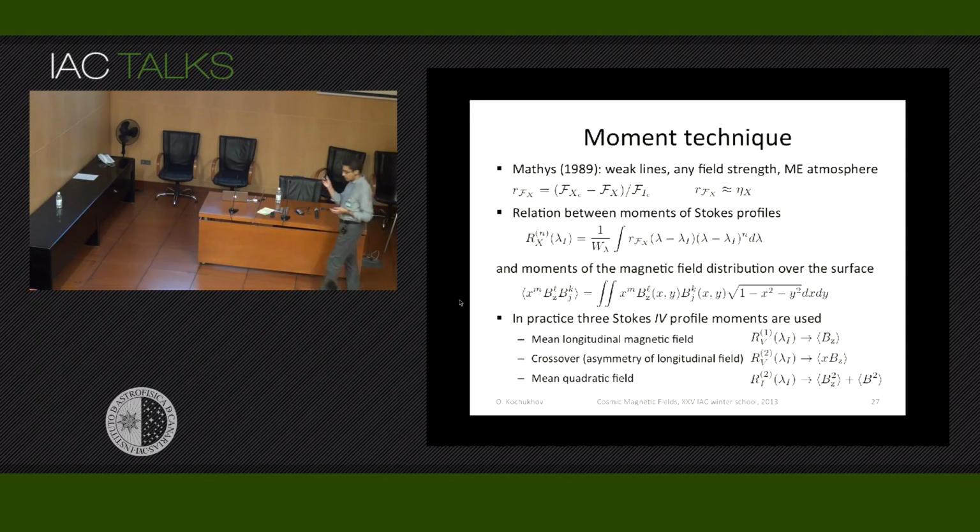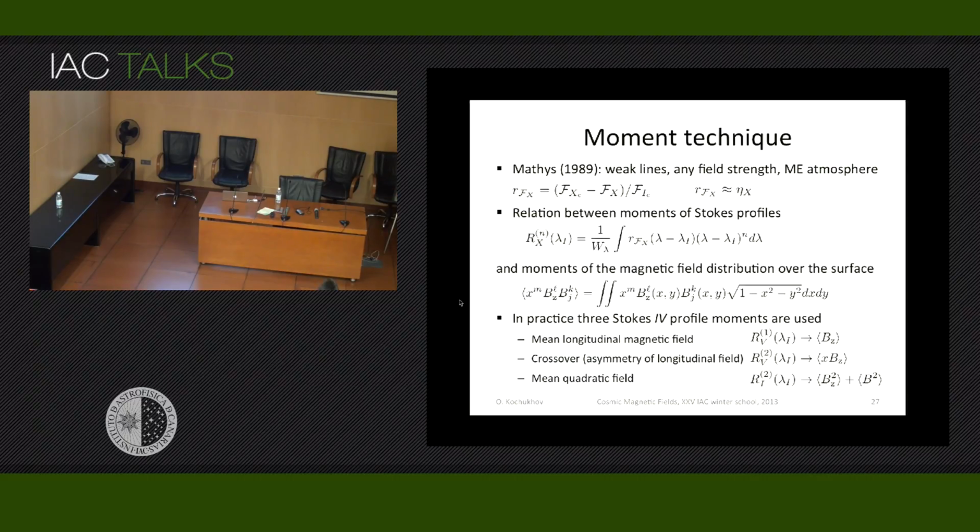It is the component of the magnetic field parallel to the line of sight integrated over the surface of the star, Bz. And from the second moment of Stokes V, with n equals 2, one can establish this quantity, the average over the surface of Bz times x, where x is the distance between the central meridian of the star and the point on the stellar surface.